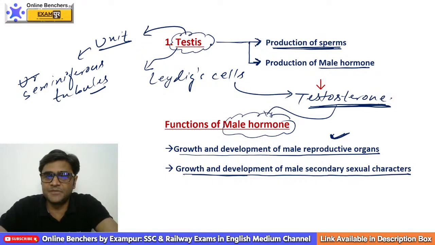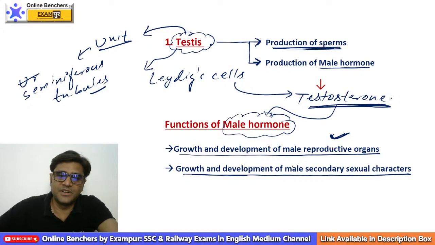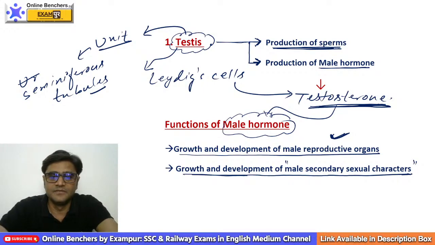So tell me, what is male secondary sexual character? This is a very important point. Testosterone takes part in growth and development of male reproductive organs such as testes, epididymis, glands. It also takes part in growth and development of male secondary sexual characters.